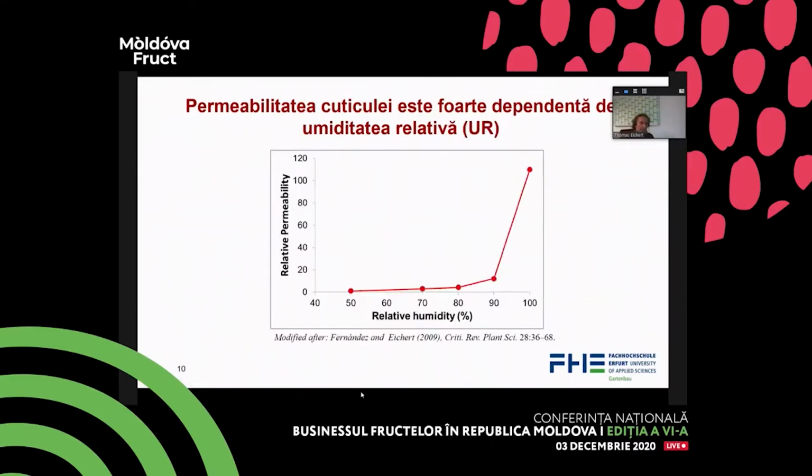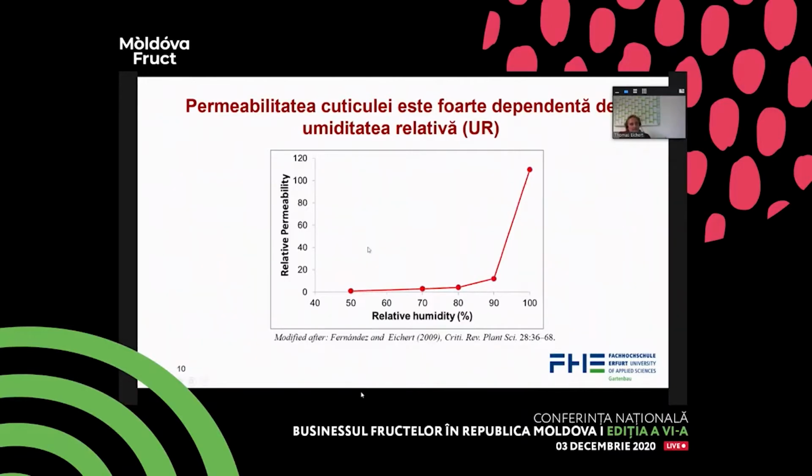Well, what is noticed when we study the permeability of the cuticle for salts is that it is strongly dependent on the air humidity, relative humidity. Victoria Fernandez from Spain and I reassessed the published literature, and we wanted to find out how the permeability of the cuticle depends on humidity.